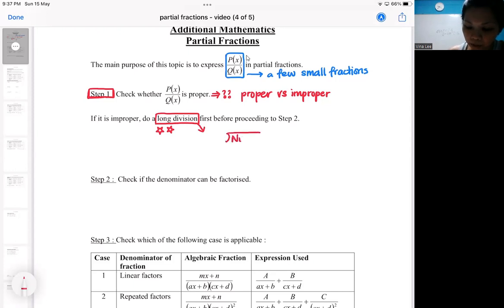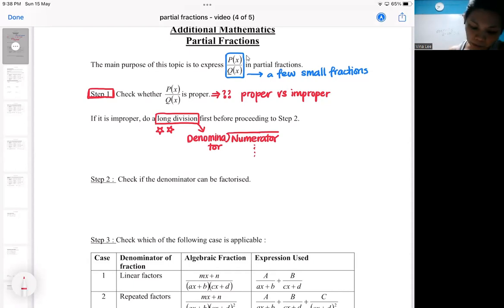The numerator is inside, then the denominator is outside. This is how you carry on with a long division. We will talk about that later. So first step, we will need to check proper versus improper.